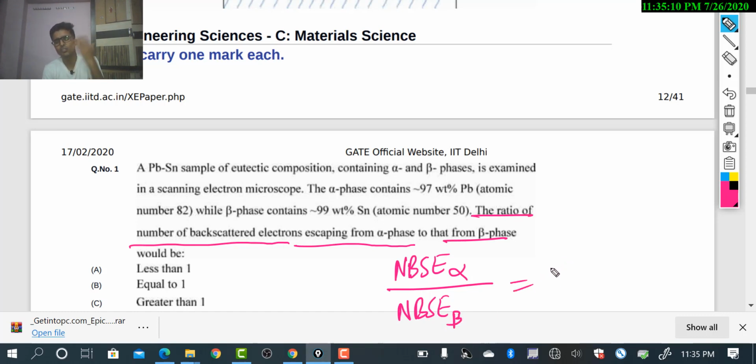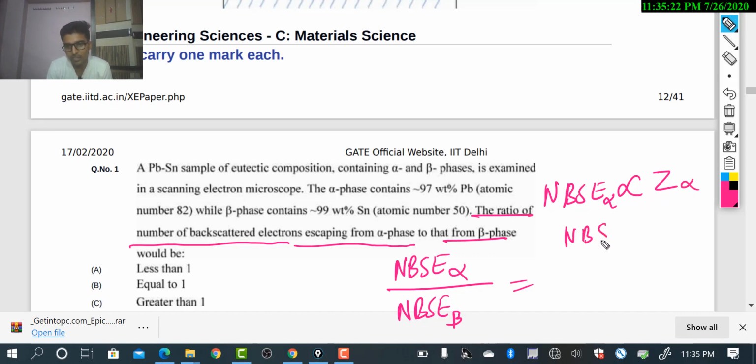We know from any phase or any atom, simply the number of backscattered electrons is proportional to Z. So if it is alpha, it will be Z alpha. The number of backscattered electrons from beta will be proportional to the atomic number of the major element of beta. In alpha phase, the major element is Pb, 97%, and the atomic number is 82.